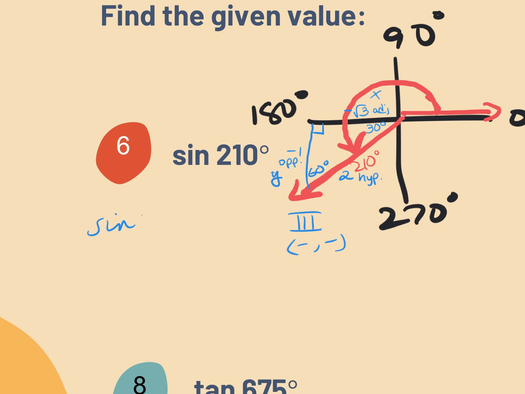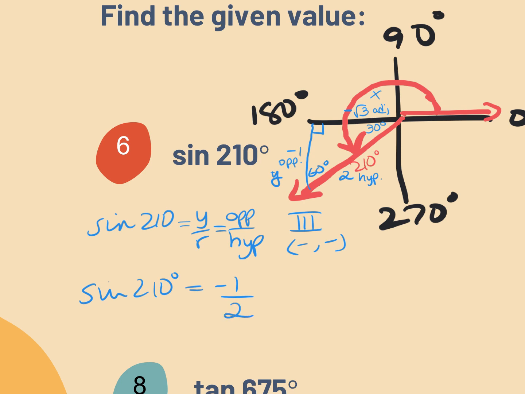So when you go to do sine of 210, you're either going to memorize this as y over r or opposite over hypotenuse. So then I'm going to fill in my numbers. So the sine of 210 is equal to opposite over hypotenuse. You can leave it like that or pull the negative sign out front.